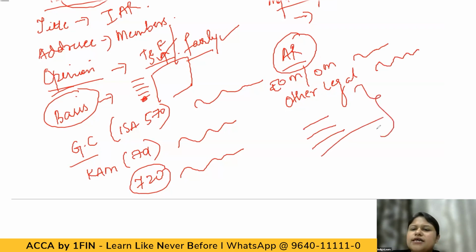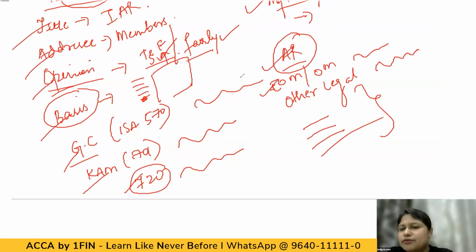So these are all the requirements with respect to the audit report that is prepared in the case of an unmodified opinion. So you have title, addressee, opinion, basis for opinion, going concern paragraph, CAM paragraph, 720, that is other information, management responsibility, auditor's responsibility, emphasis of matter paragraph, other matter paragraph. See, emphasis of matter can also come here; it can come even before the management responsibility paragraph.